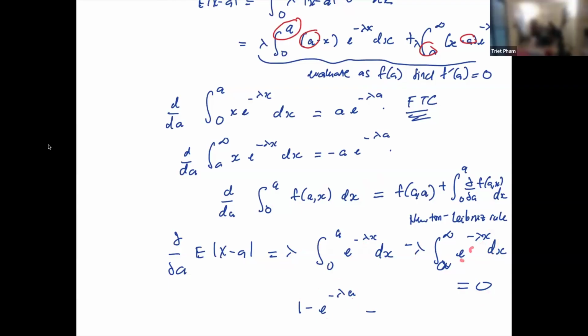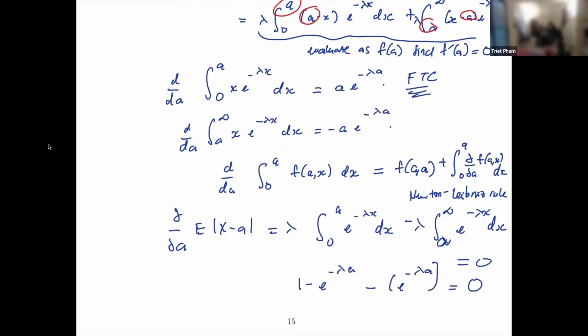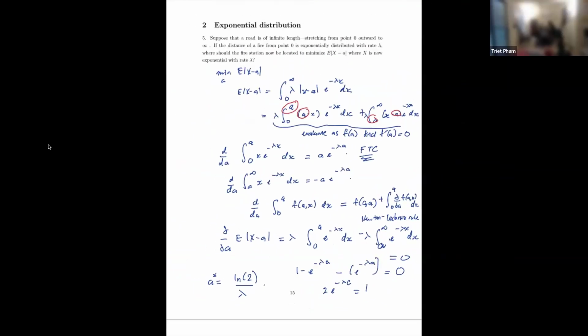And then if I integrate here, I get e to minus lambda a, equal to 0. Okay? So 2 e to minus lambda a is equal to 1, or a is log 1/2 minus lambda, so log 2 over lambda. Rather a star, the optimizer. That's the answer to this question.